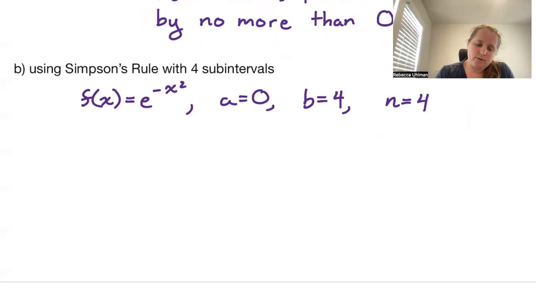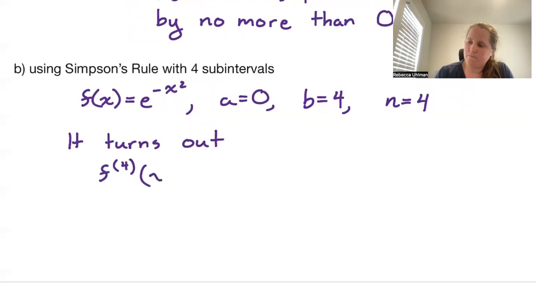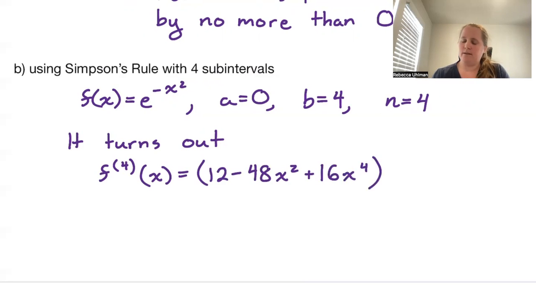It turns out that the fourth derivative of f is 12 minus 48x squared plus 16x to the 4th, that whole thing times e to the negative x squared. This is continuous on 0, 4.